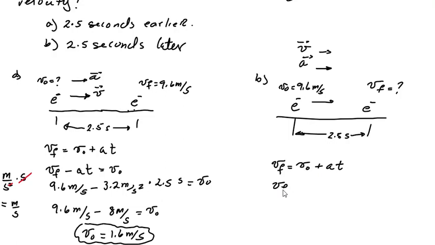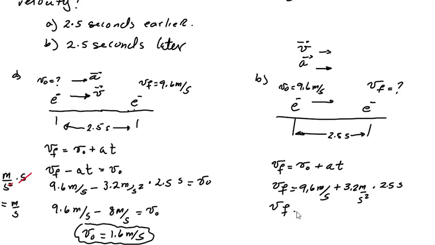So we say the final velocity after 2.5 seconds would be 9.6 meters per second plus the acceleration that we said is 3.2 meters per second squared times the time, that is 2.5 seconds, right?